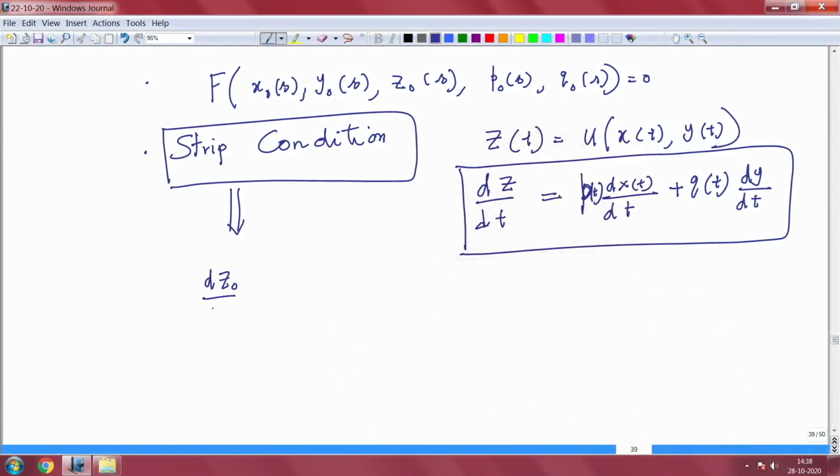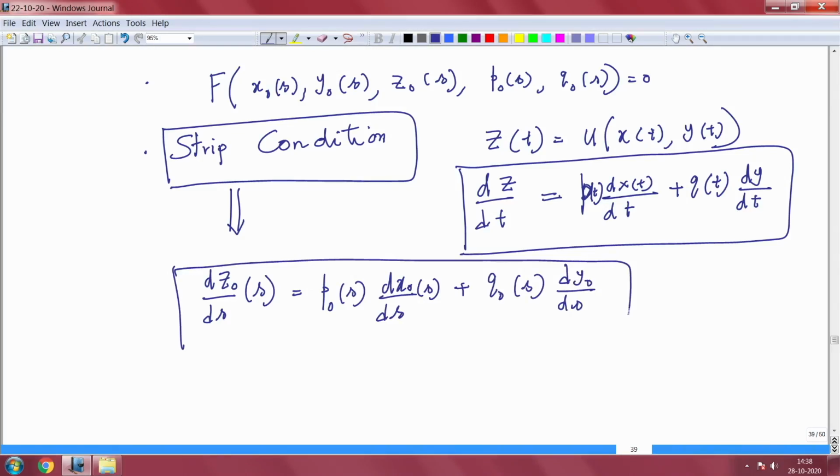This is also satisfied at s is equal to p naught of s into dx naught by ds. This is along the initial curve, plus q naught of s into dy naught by ds.